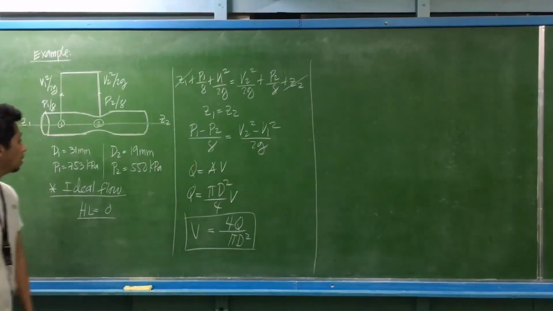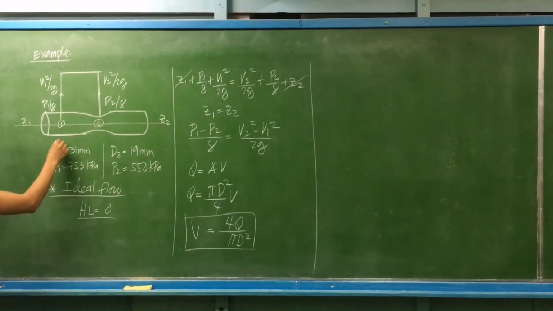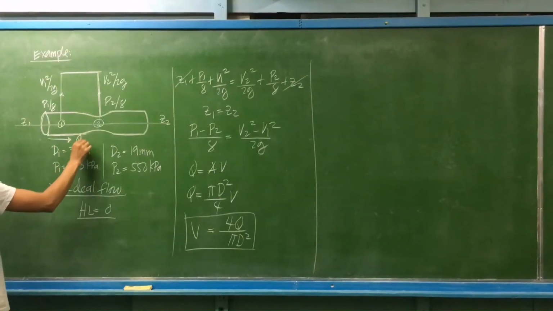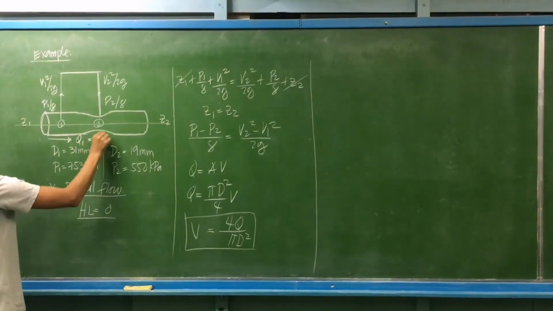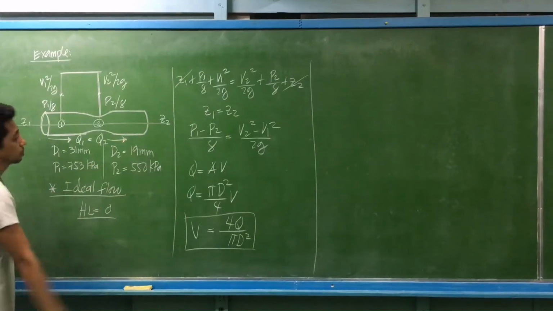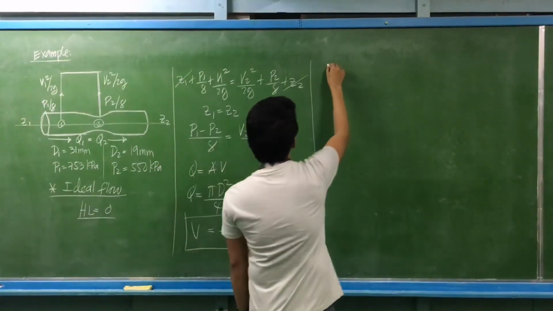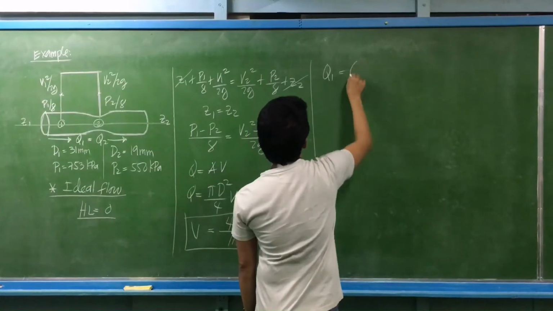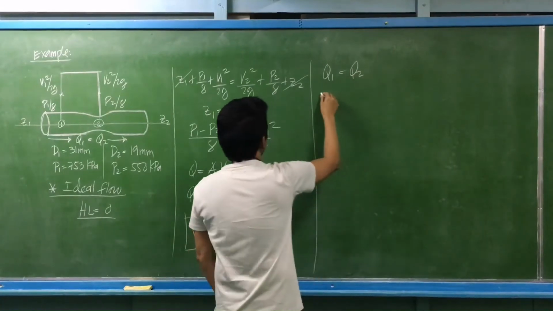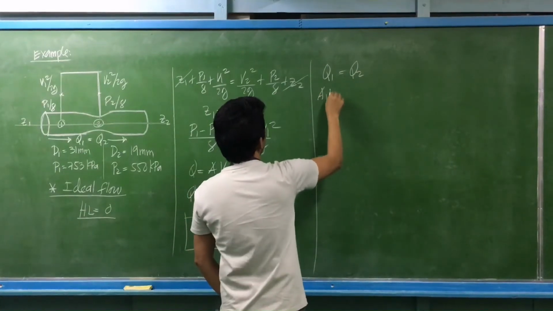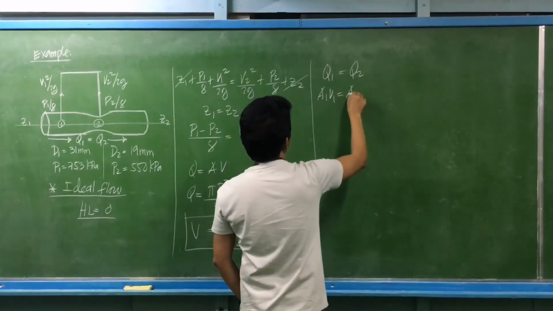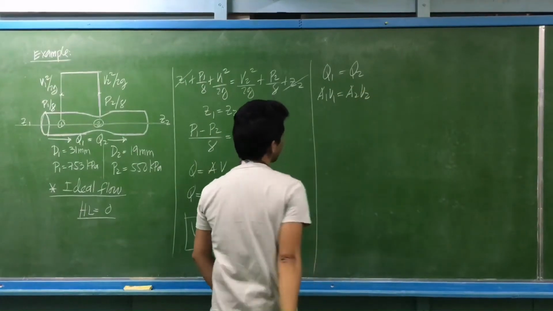Okay? So in terms of velocity, continuity equation, Q1 is the same as Q2. So for continuity equation, discharge number 1 is equal to discharge number 2. This is area 1, velocity 1 is equal to area 2, velocity number 2.